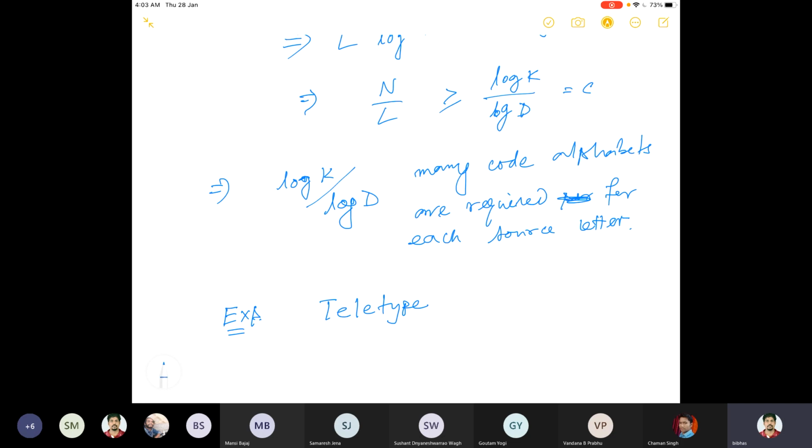In the teleprinter they used code words for each of these letters and numbers, and each code word has the same length, some 32 or something like that.